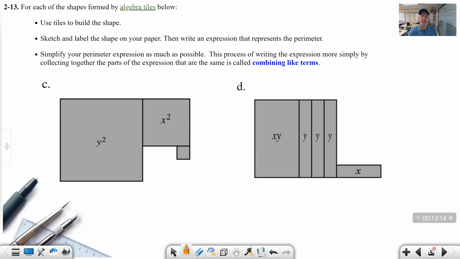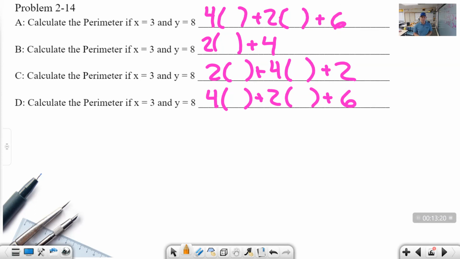All right, last problem. Now this is going to give you a hint as to checking your answers for the previous problem. Now what I've done is I've taken the simplified expressions and I have left out all the X's and all the Y's. Because we're going to evaluate the expressions and find the value.